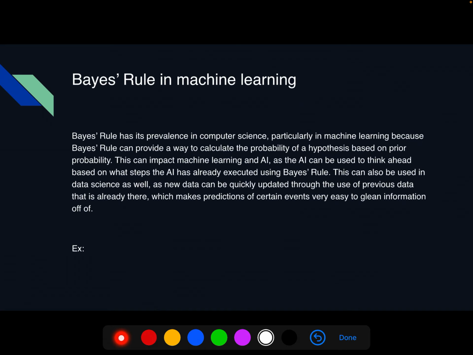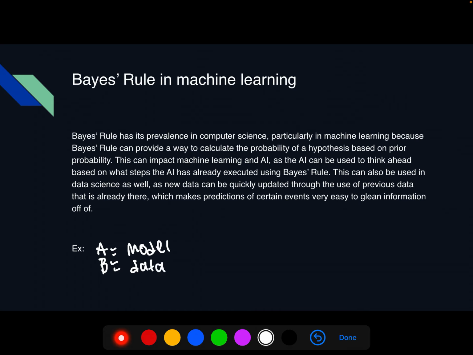So, an example of this would be we have some model. So we have event A being a model or of some graph, and then B would be the event of some data.